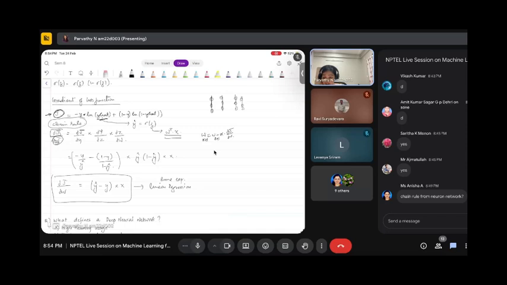For each layer we compute the error and all the gradients dou J by dou w, where w is the weight in each of those layers, and then we update the weights using the gradient descent rule.